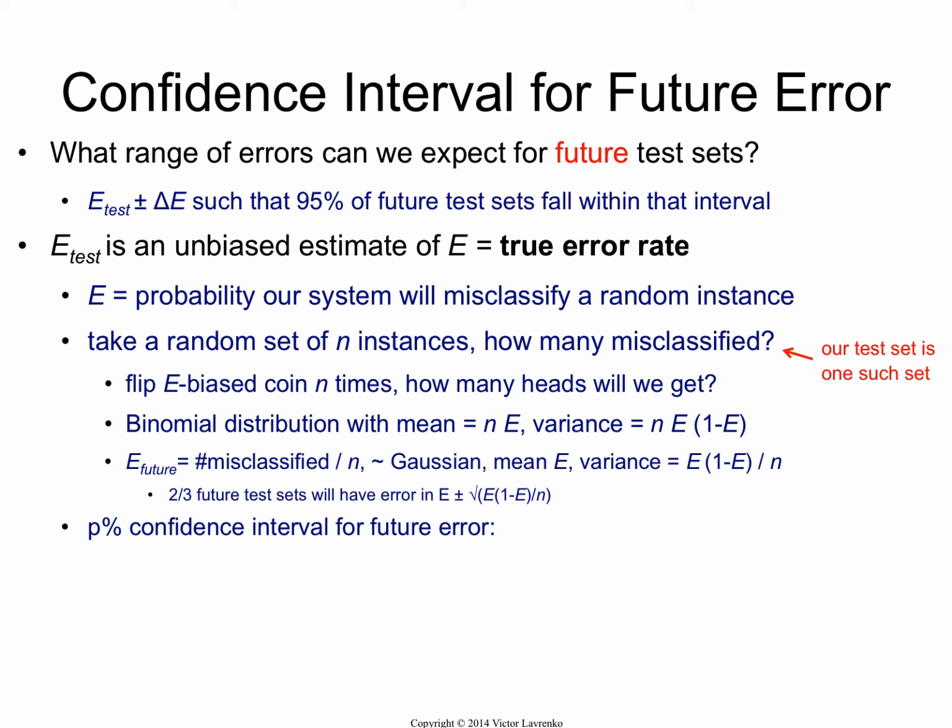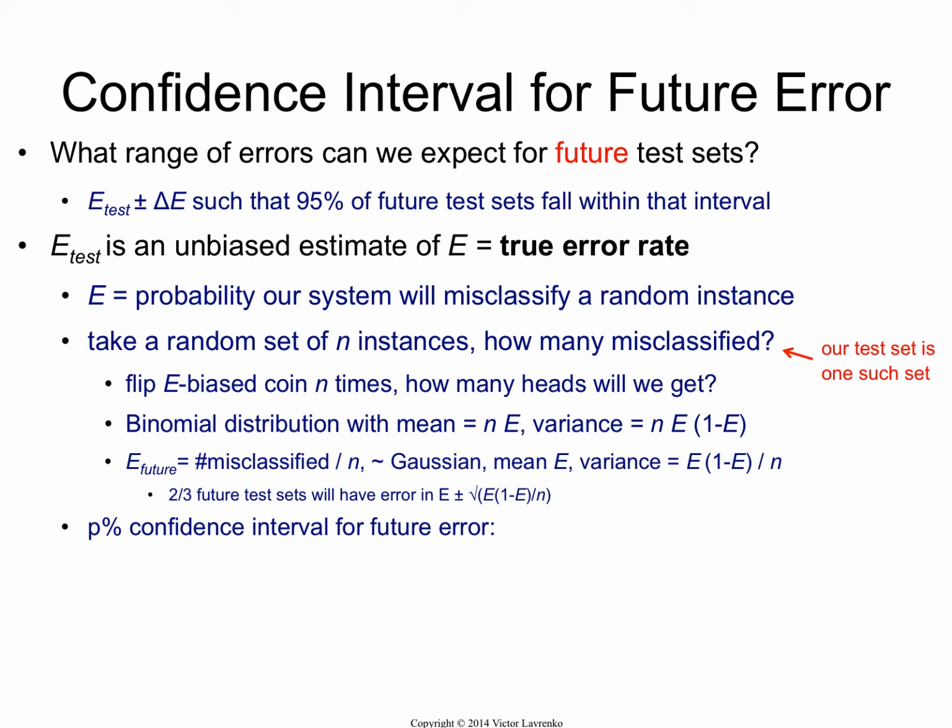So the mistake that it makes on one instance doesn't affect the mistakes on other instances. So the question of how many will it misclassify, it's similar to the question of flipping a coin, right? So I have a coin that, say, comes up heads 25% of the time and tails 75% of the time, and I flip it 100 times. So how many heads will I have? Well, I'll have 25 heads.